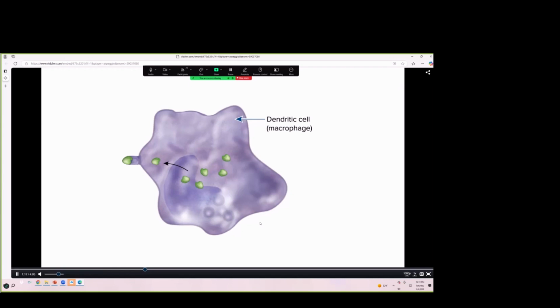This receptor is called a major histocompatibility receptor, or MHC1. The piece of the pathogen that is attached to the MHC1 is the antigen we mentioned earlier. This antigen will invoke a specific immune response by the body. The macrophage is now referred to as an antigen-presenting cell, or APC.